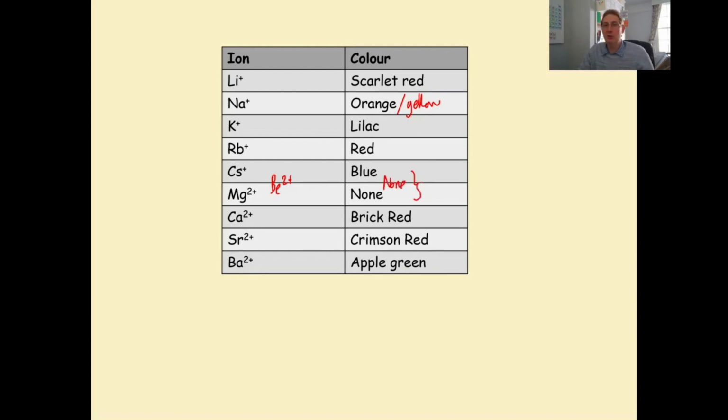So don't get confused about burning the magnesium where you get that bright white light. Magnesium and beryllium do not give a colour in a flame test. Calcium is brick red, sometimes described as orange-red. Strontium is crimson and barium is apple green, and you do need to know these. I wouldn't say it was essential you know the difference between scarlet and crimson, but the rest of it you should know those colours.